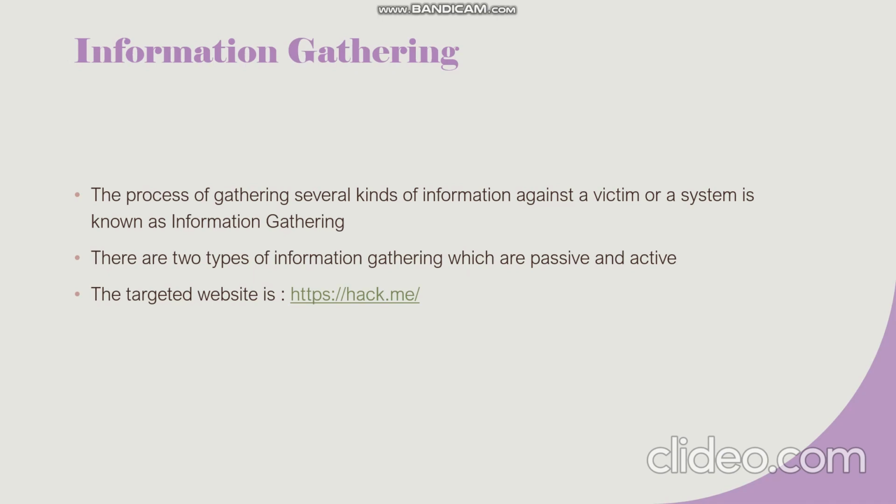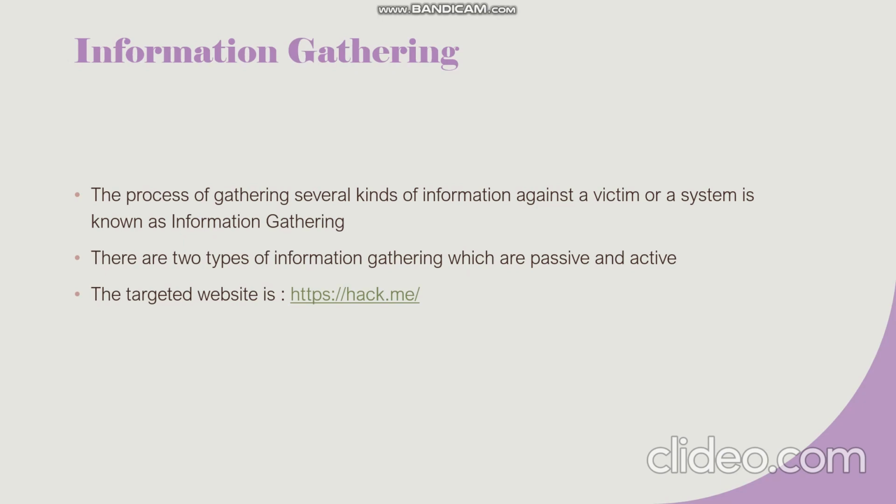Finding all the possible information which is publicly available is the main process known as information gathering. There are two types: passive gathering and active gathering, also named passive reconnaissance and active reconnaissance respectively.